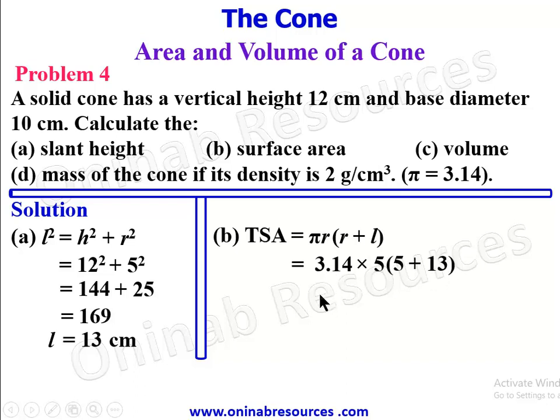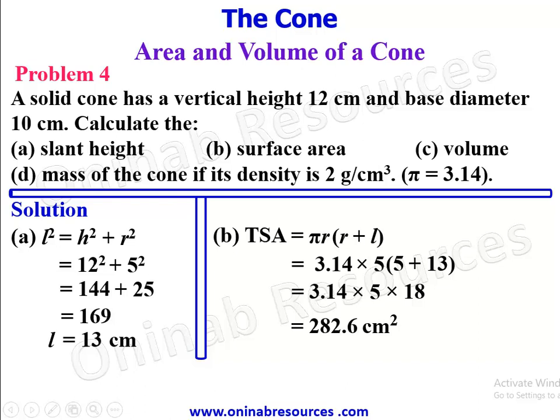That will give us 3.14 times 5 times 18, since 5 plus 13 is 18. That's 5 times 18, 90, times 3.14, which will give us 282.6 centimeters squared. And we have done justice to the surface area of the cone.